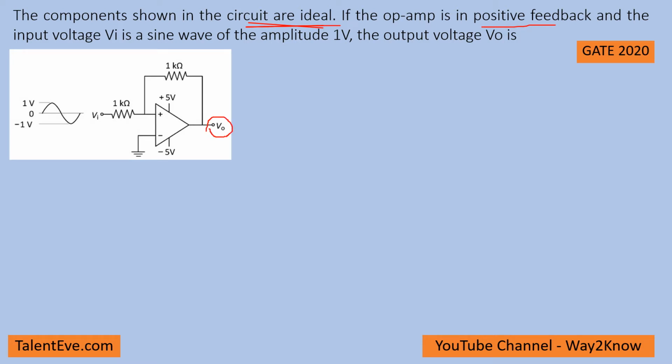So here, if you see the scenario, an op-amp can be used in two configurations: inverting input configuration and non-inverting input configuration.